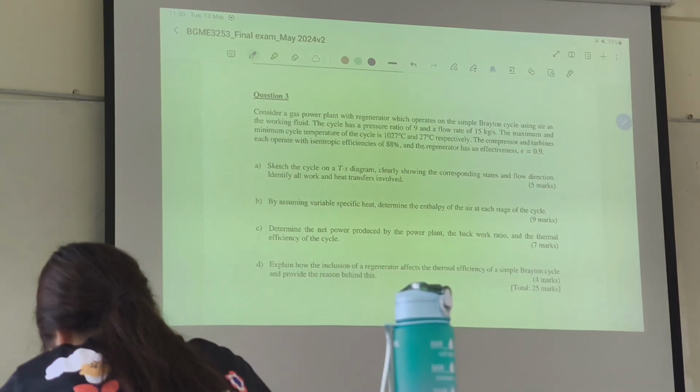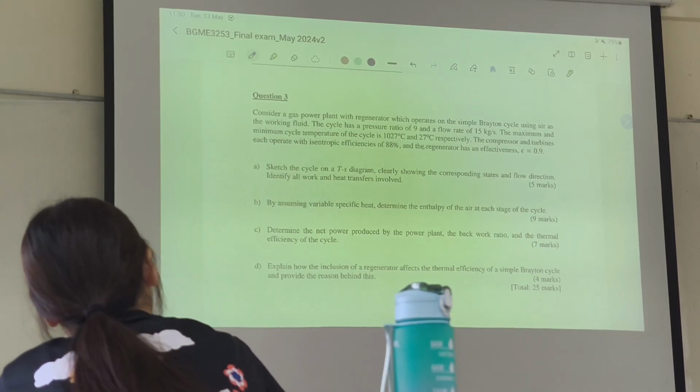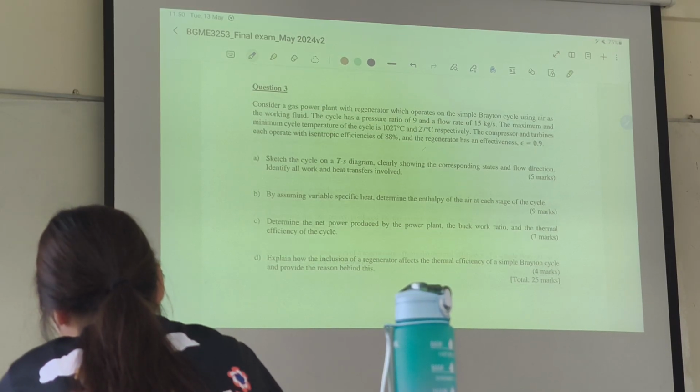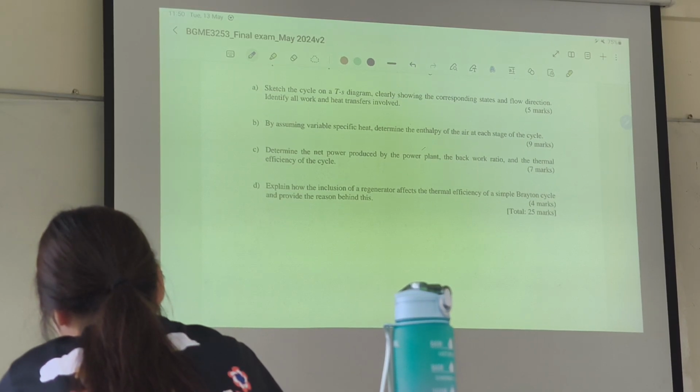Okay, so yeah, I think this one I can just write down. As usual, you need to sketch the TS diagram.